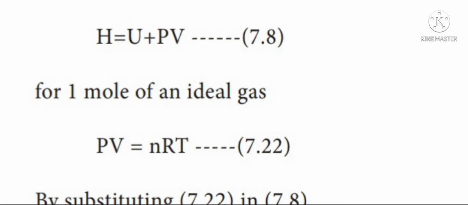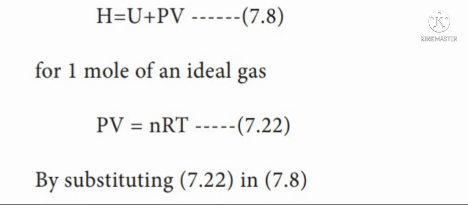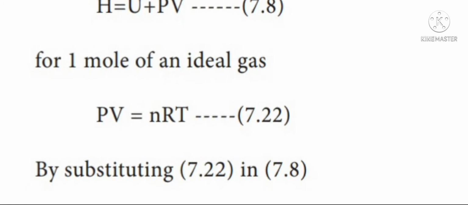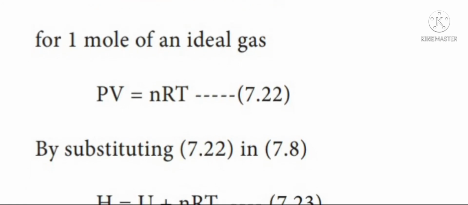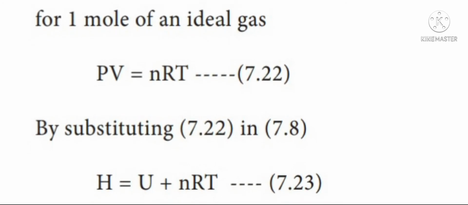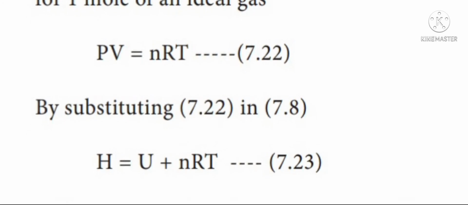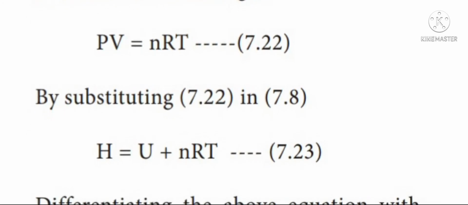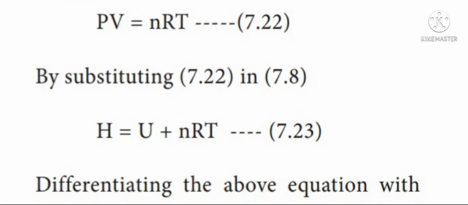For 1 mole of an ideal gas, the equation is PV equal to nRT. It is given by equation 7.22. Now substitute equation 7.22 in equation 7.8, or substitute the PV value in the enthalpy definition. We will get H equal to U plus nRT.